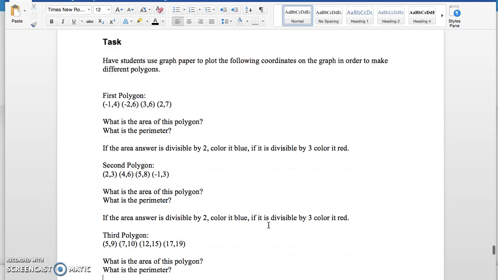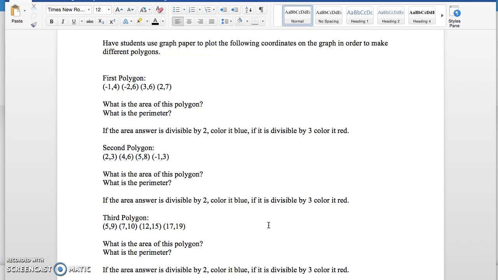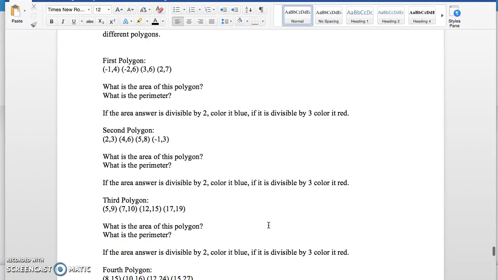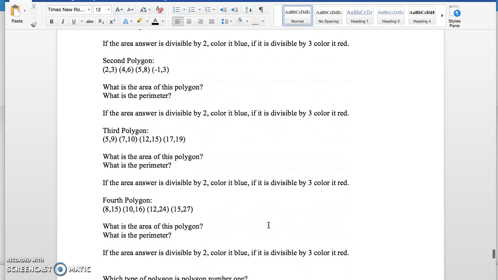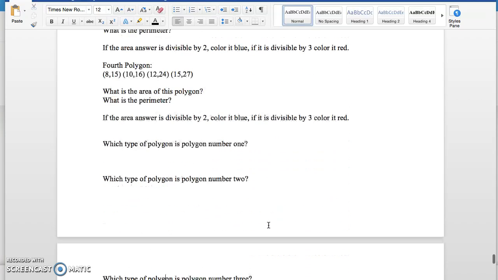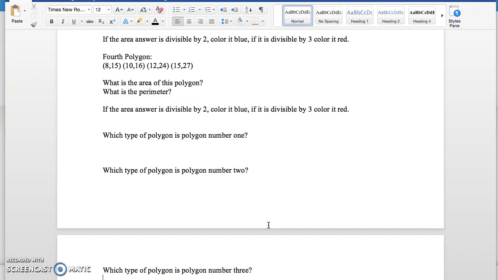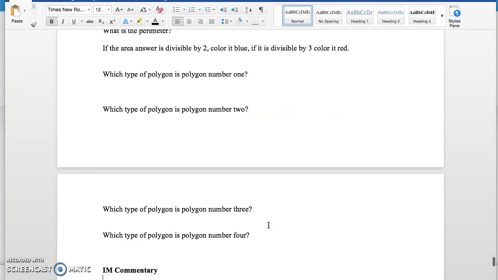Second polygon, the coordinates. And then the area, the perimeter, if it's divisible by 2, color blue. If it's divisible by 3, color red. So it's getting them thinking of their prior knowledge as well. It's activating their divisibility rules. And so on and so forth for the third and the fourth polygon. Then you need to answer what type of polygon each of them are.